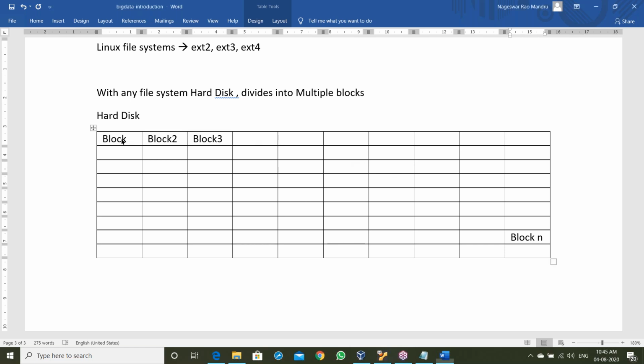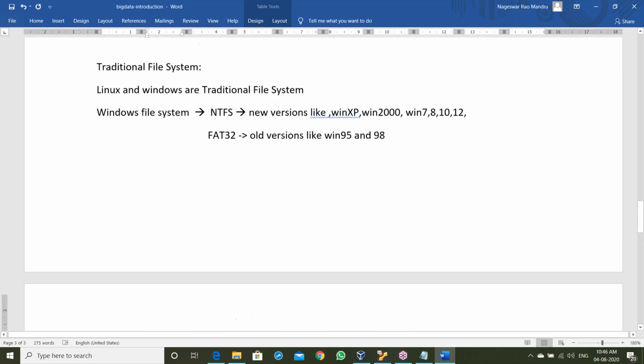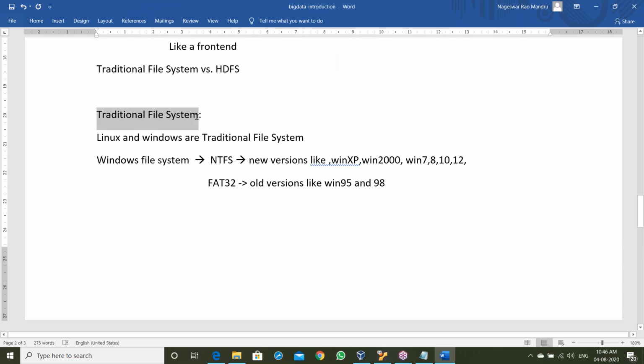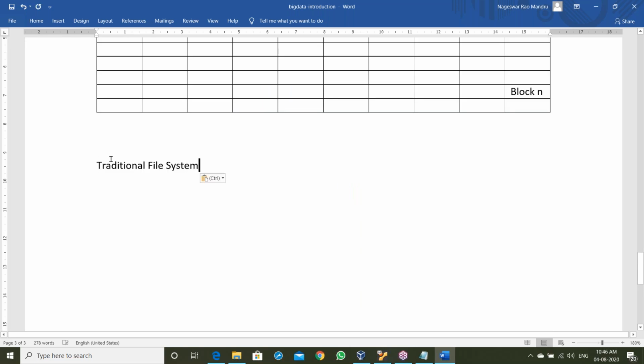So what is a block here? The size of this block depends on the file system. In traditional file systems, Linux or Windows, the size of each block is 4 KB.